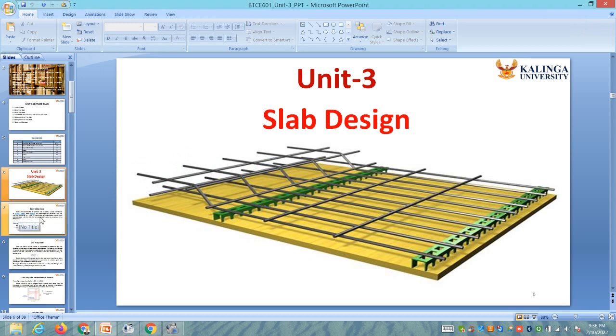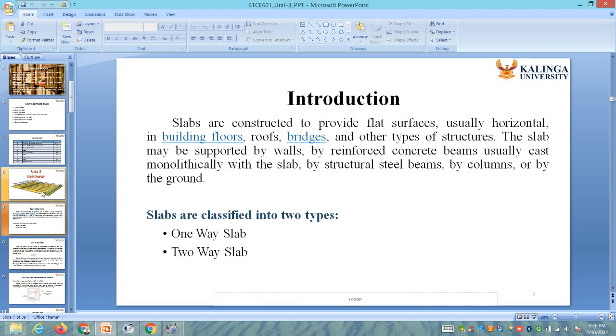Now there are two types of slabs. There are a number of types of slabs, such as flat slabs, but here we are going to discuss one-way slab and two-way slabs. Slabs actually can be defined as the flat surfaces which are provided in building floors, roofs and bridges.